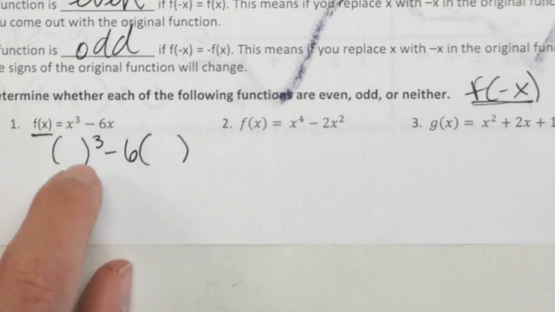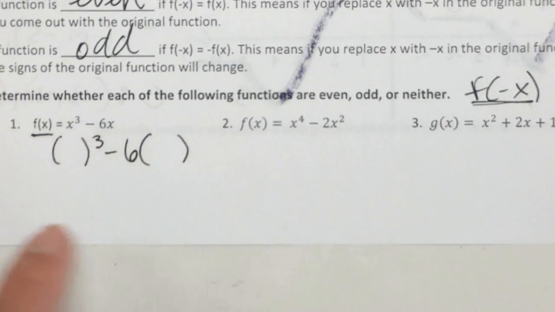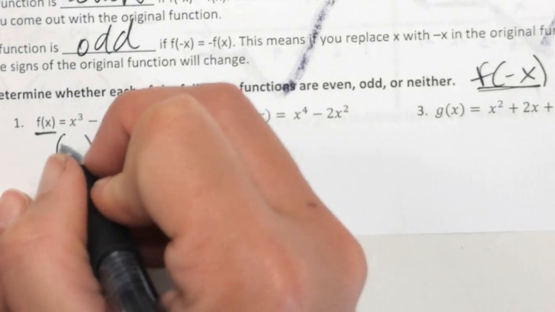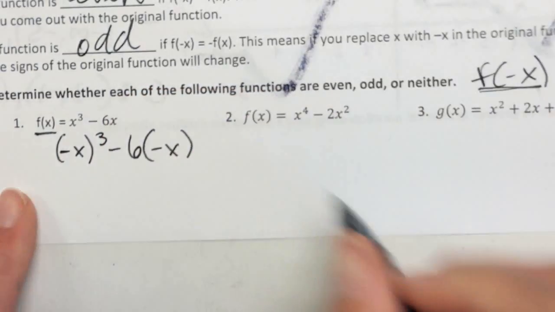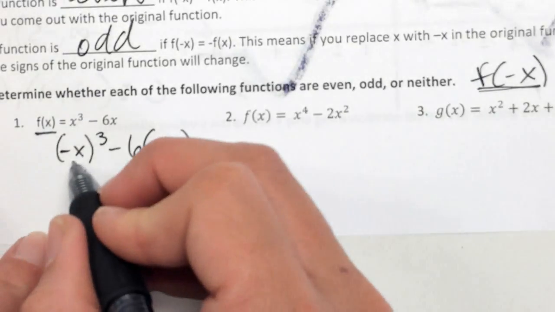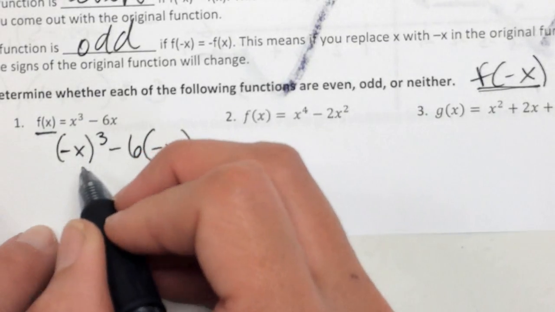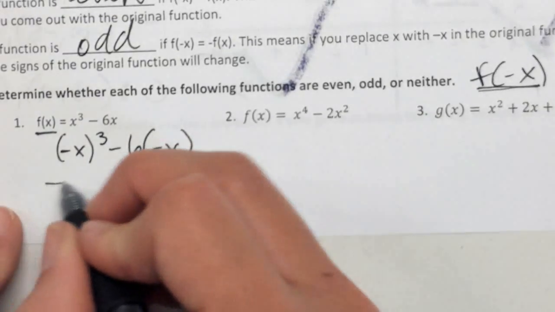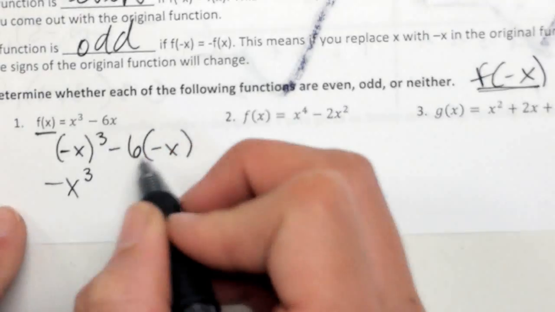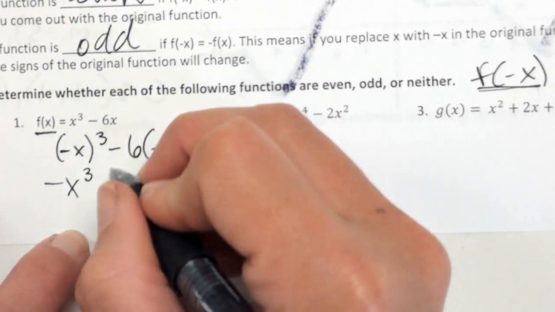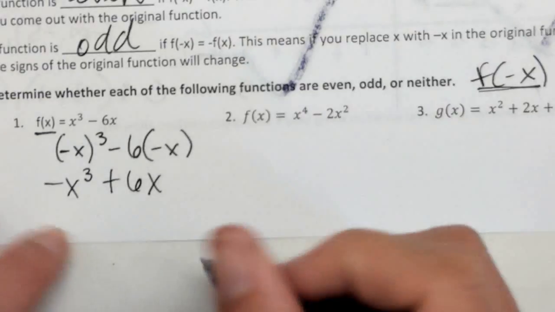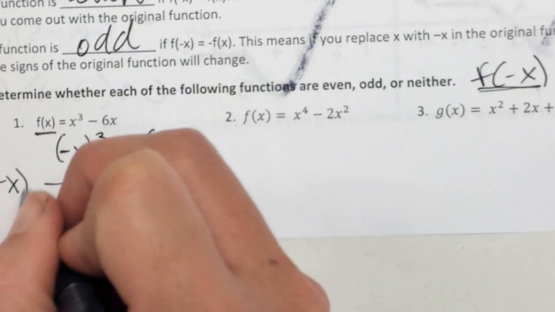So write blank cubed minus 6 blank, and we're going to plug in negative x for those blanks. What's negative x cubed? Negative x cubed, right? What would this be? Good. This is f of negative x.